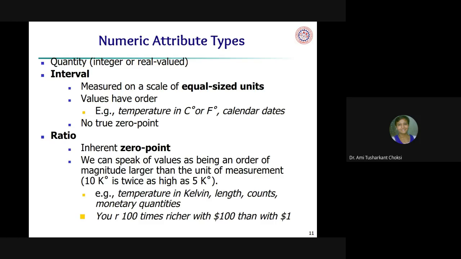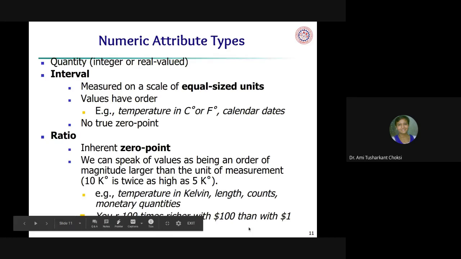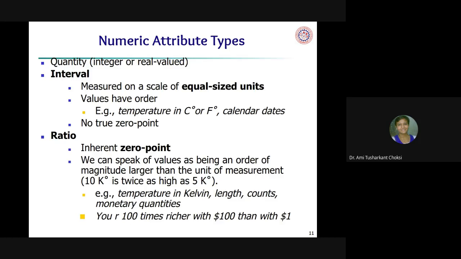You are 100 times richer with $100 than with $1, right? Values are given, but the ratio is there, that many times.